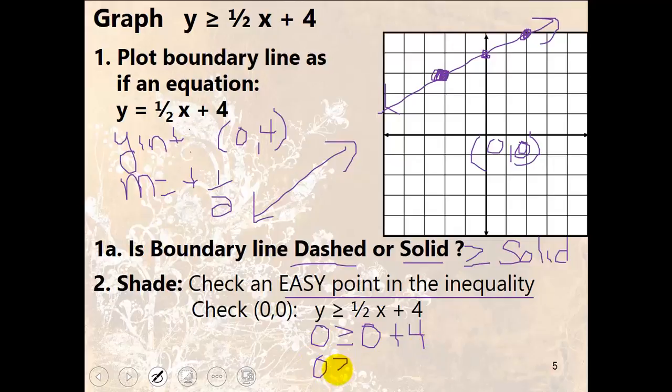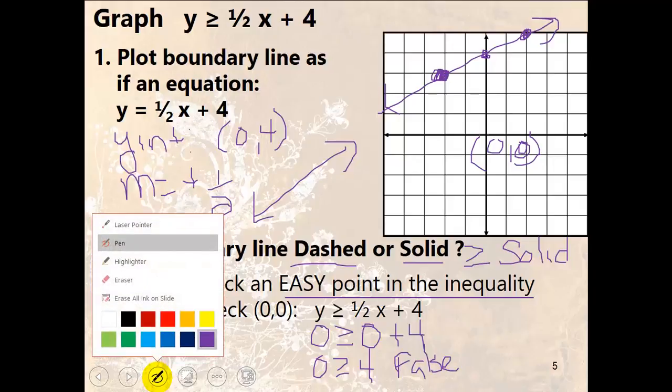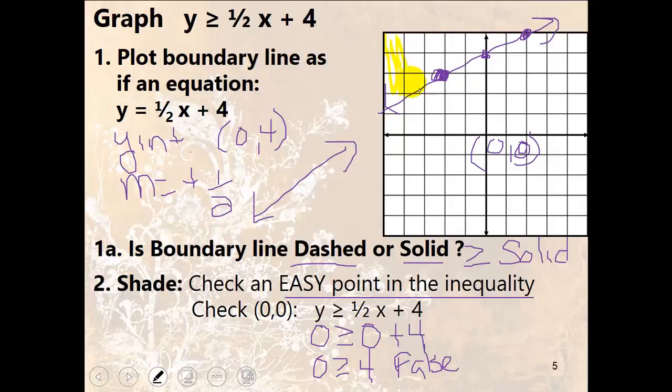Is 0 greater than or equal to 4? Nope, that's false. So instead of shading towards 0, 0, I'm going to shade away. So I'm up here. Okay?